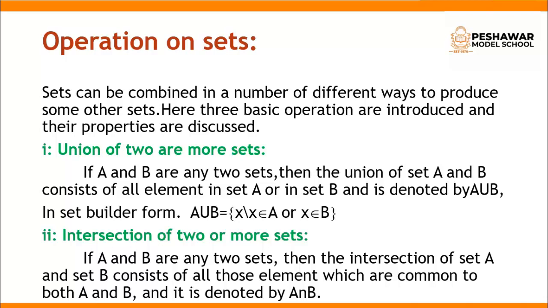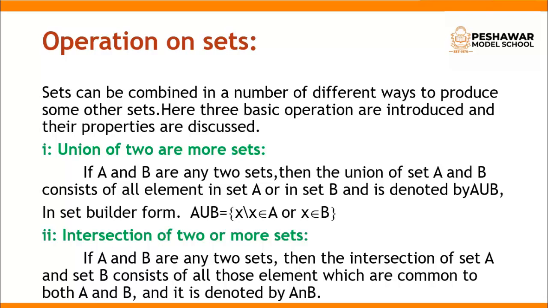Union means you have to combine two sets together, in ascending order or descending order. The main order which we use in union of two sets is ascending order. Repeated elements cannot be entered in the set. So let's suppose set A is equal to {1, 2, 3} and set B is equal to {2, 3, 4}.